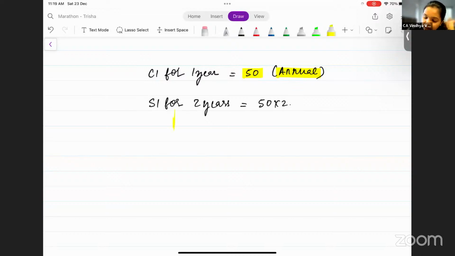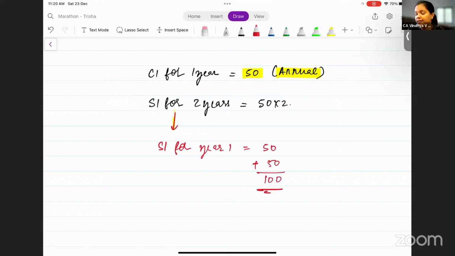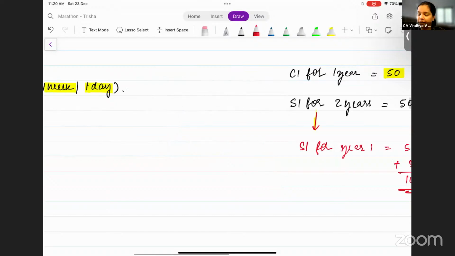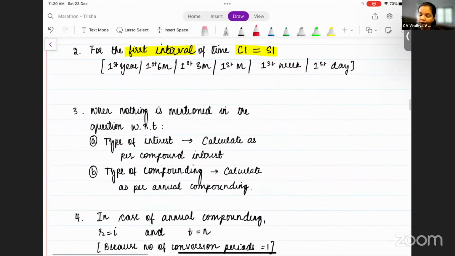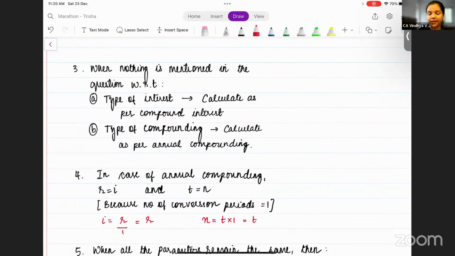So here, simple interest for year 1 will be 50. And simple interest will not change for any number of years. So if it is 2 years, then it is 50 plus 50, that is 50 into 2, which makes it 100. This is how you need to know the concepts behind simple interest and compound interest.